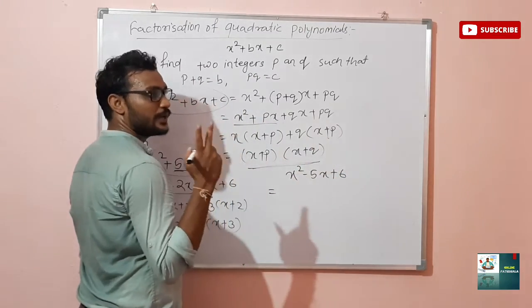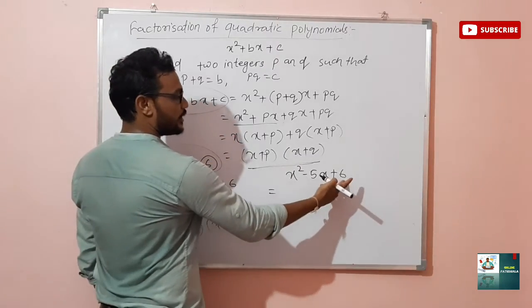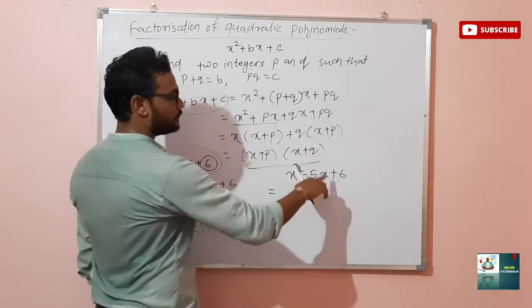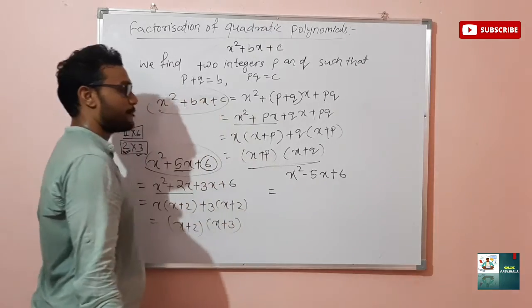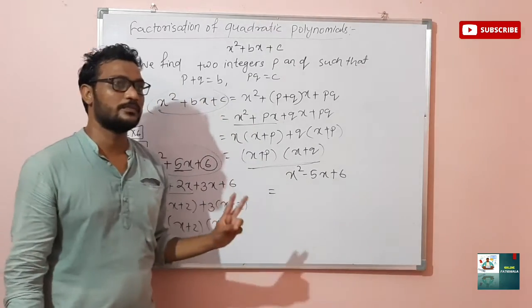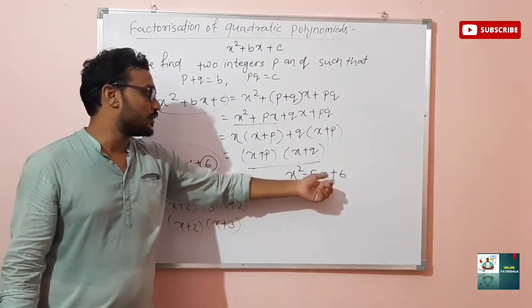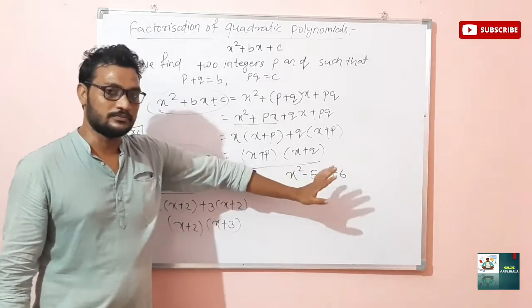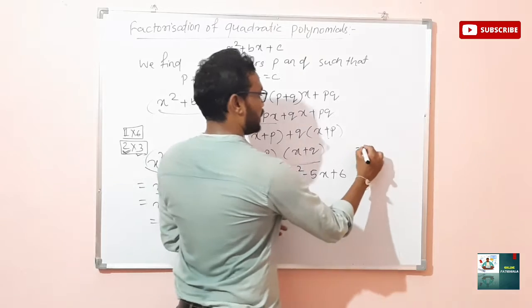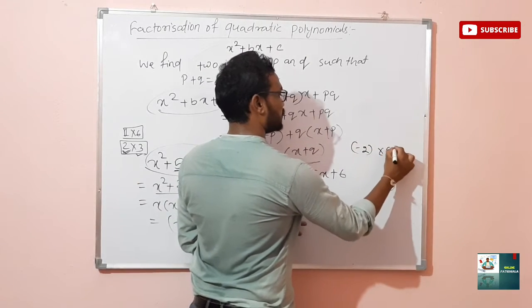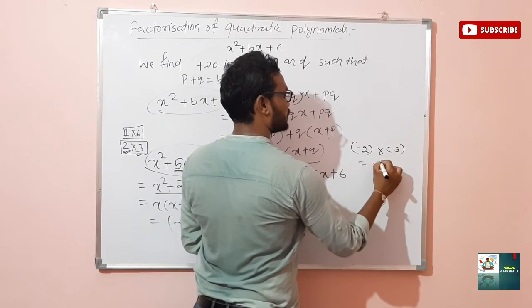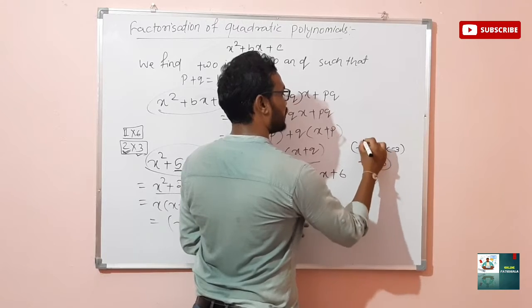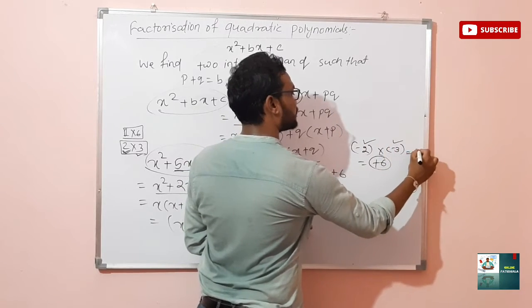We need two numbers which, when we add them, we get minus 5, and when we multiply them, we get plus 6. If both numbers are negative, then the product will be positive. So I take minus 2 into minus 3. The product is plus 6, and minus 2 minus 3 is also minus 5.